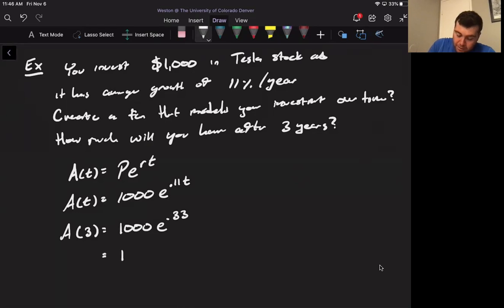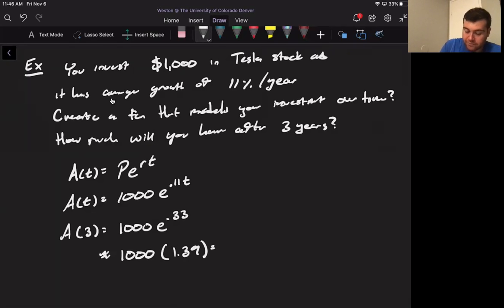For homework, this is a good place to pull out a calculator and we'll find, I'll compute it really quick on Wolfram Alpha, what this value is. All right, so it looks like this is approximately 1.39. I'll do little approximations there. So that gives us $1,398.